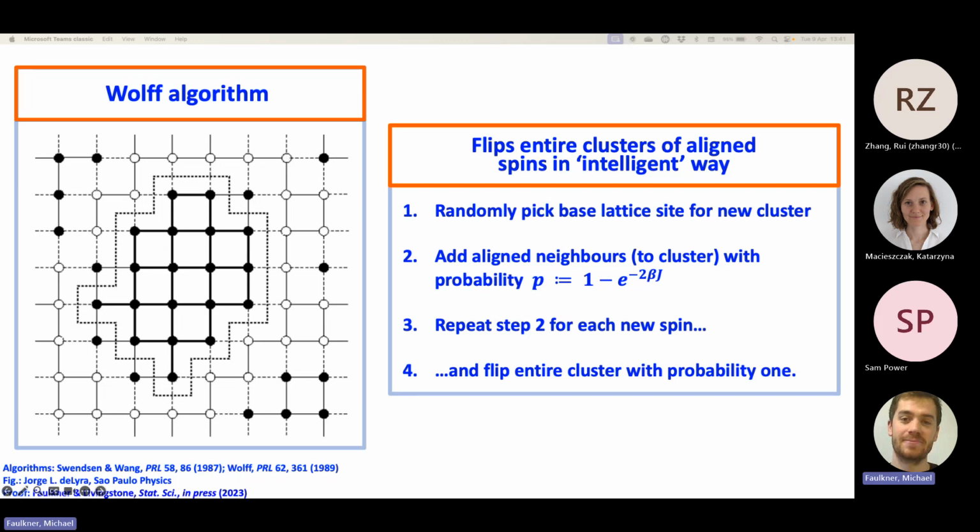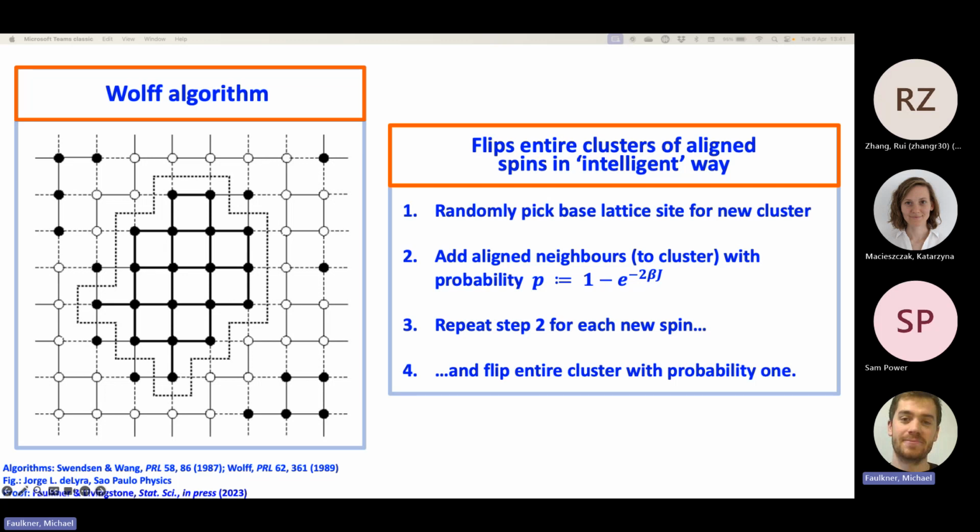It basically operates by randomly picking a base lattice site and adding it to a newly constructed cluster. So what I'm describing now is one iteration of the algorithm. The second step then involves iterating through each of the neighboring spins, and if it's aligned with the base spin, you add it to the cluster with probability P defined here in the second line.